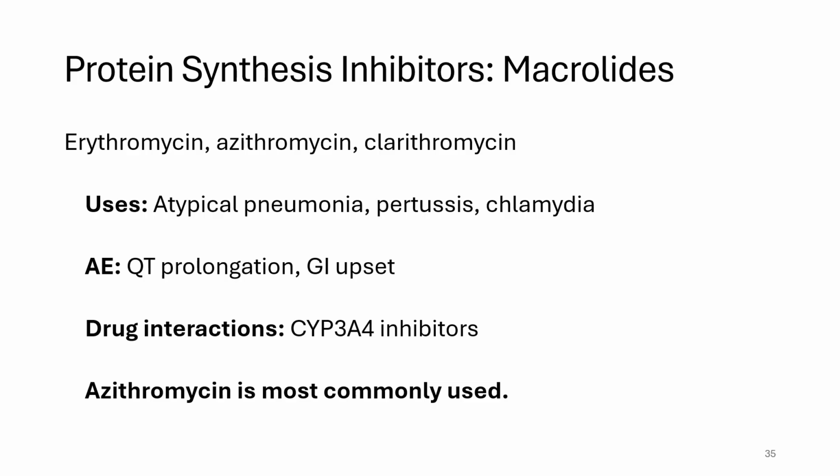Adverse effects, the big one to remember is the QT prolongation. These can also cause GI upset. So always be cautious in patients with cardiac disease or existing QT issues or anyone on QT prolonging medications. Macrolides have important drug interactions. So they inhibit the CYP3A4 pathway, and this can increase levels of other medications metabolized through that pathway.